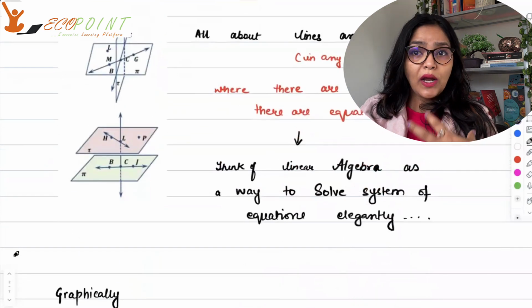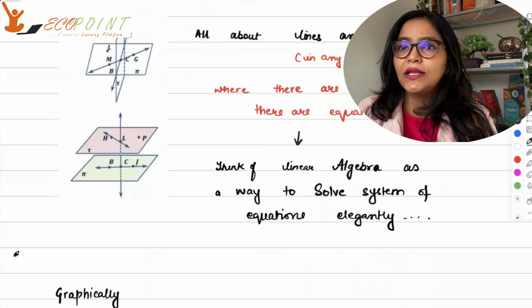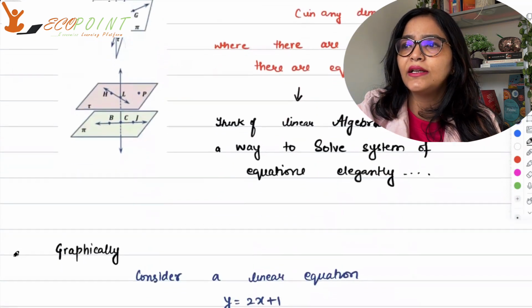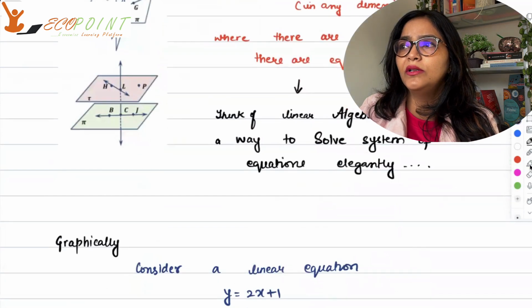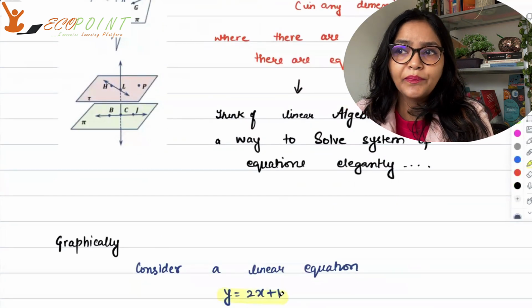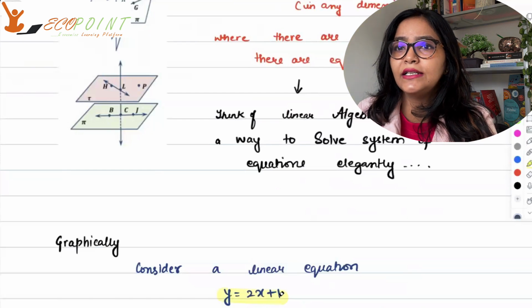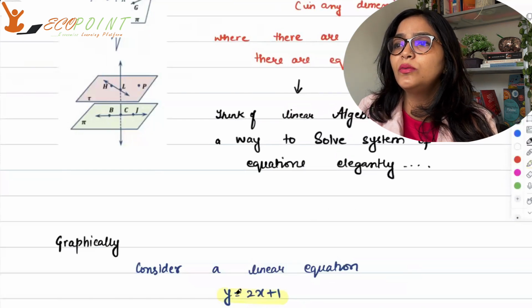If you want to understand it graphically, we are dealing with lines. What is a line? If you consider any linear equation, for example, what I have here is y equals to 2x plus 1. This is called a linear equation in two variables because we have two variables here.